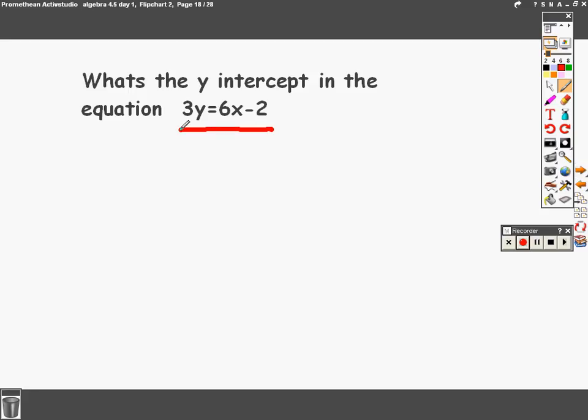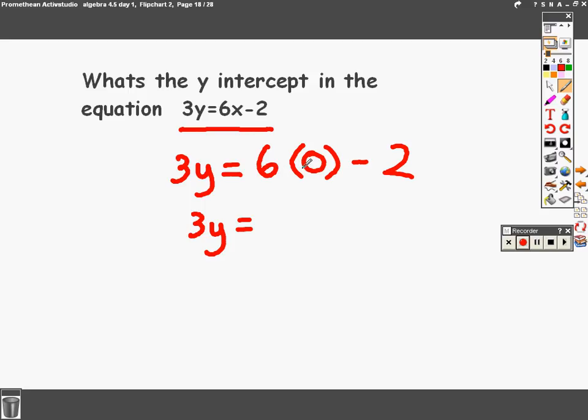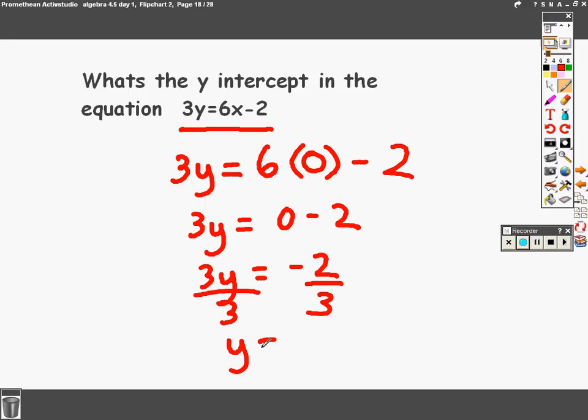Here's an equation. If I want to know the y-intercept, all I have to do is write my equation over, but instead of writing an x, I'm just going to make it 0, because I know x would be 0. If I solve it, 3y equals 6 times 0 is 0 minus 2, so 3y is equal to negative 2, and then divide by 3 so I can solve for y, I end up getting y equals negative 2/3.